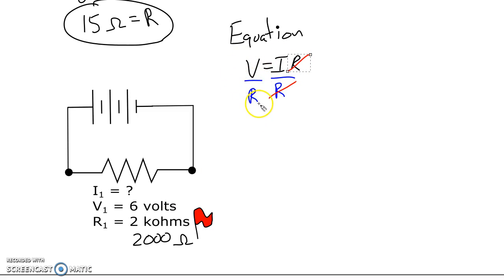Over on my left-hand side, I end up with V divided by R. So my equation ends up being V divided by R equals the current. Next up, I'm going to substitute and solve.